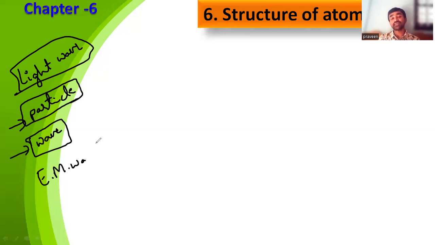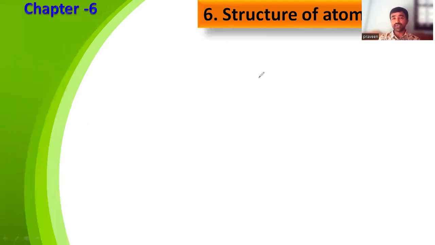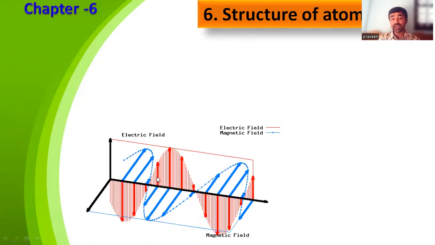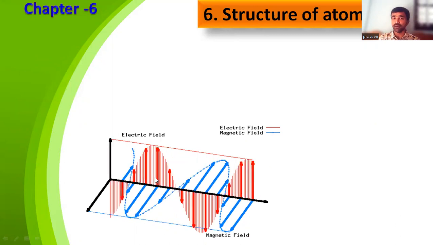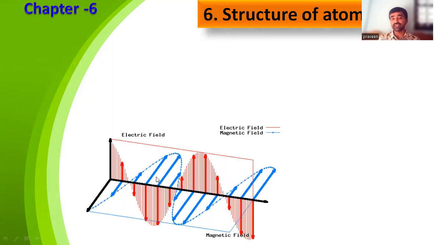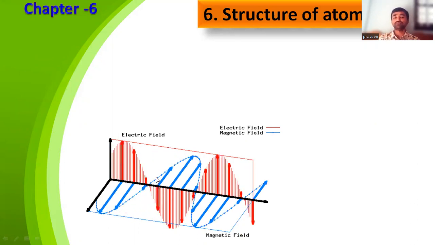That means it can create an electric field and a magnetic field in its surroundings. We can visualize those fields like this, as you see here. The electric field is shown with red color lines and the magnetic field with blue color lines, and the wave propagation direction is given as the horizontal direction.